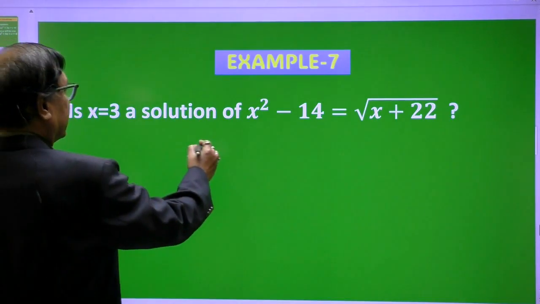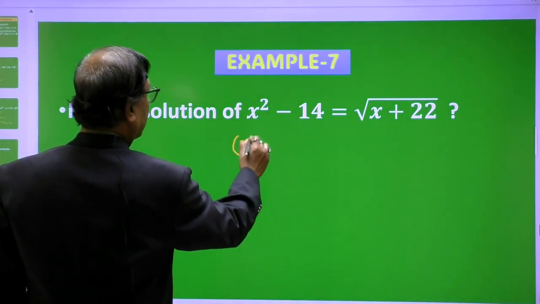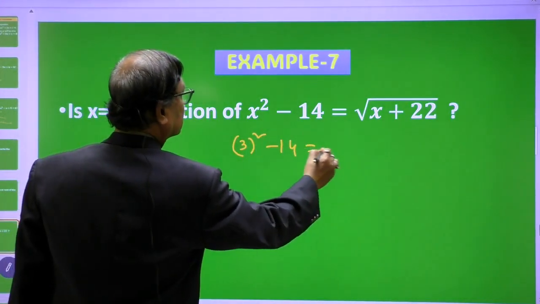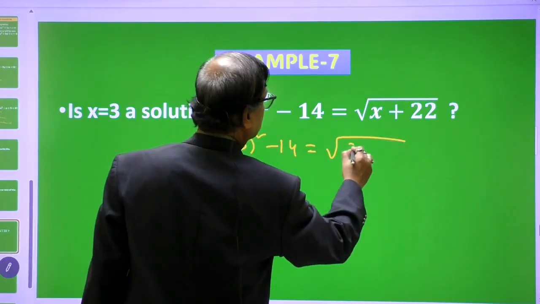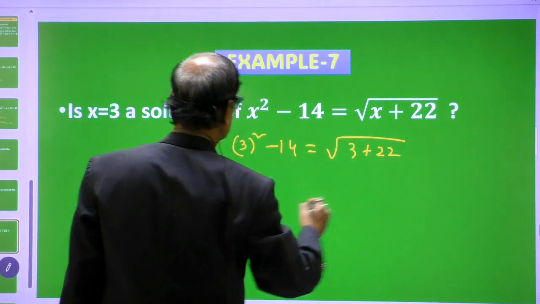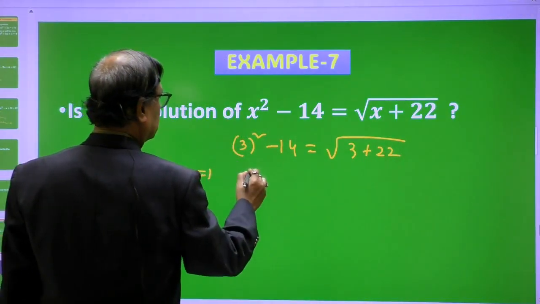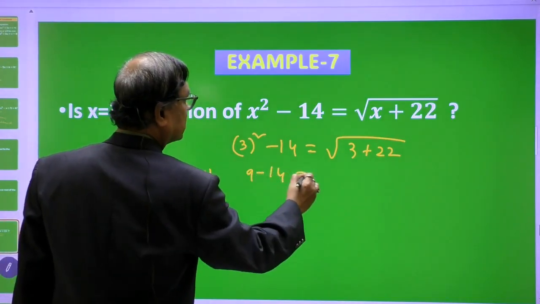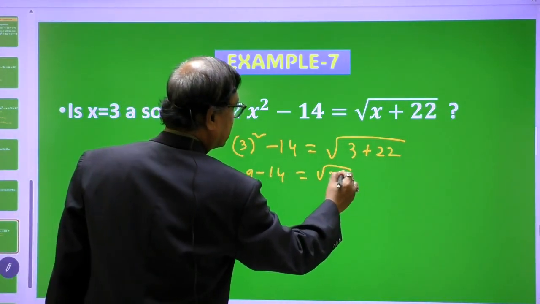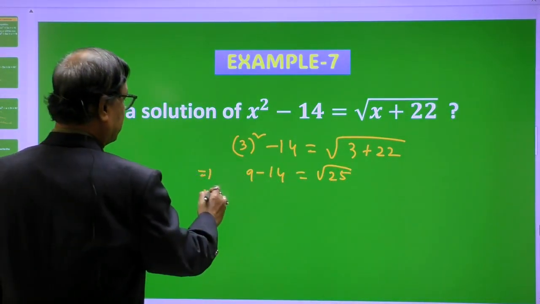If we put x equal to 3: 3 squared minus 14, root over, equals to root over 25.